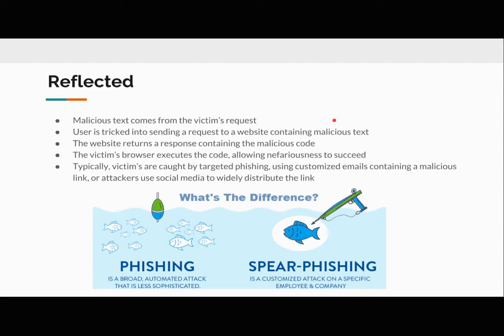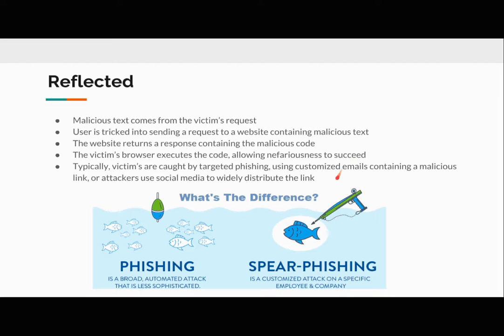So in a reflected attack, some malicious text comes from the victim's request itself. So basically what happens is a user is tricked into sending a request to a website that actually contains malicious text. So the website then returns a response, that response itself contains that malicious text which was originally sent by the user. So then, at that point, the victim's browser executes the code and does whatever nefarious thing the attacker wanted it to do.